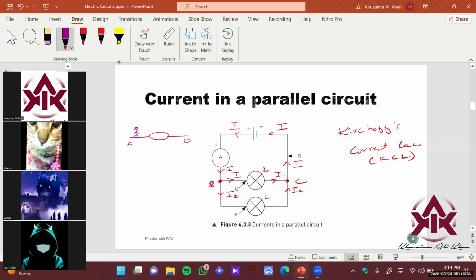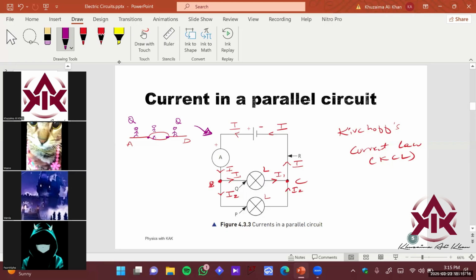As soon as he reaches this particular node, he divides himself into two equal parts. He becomes smaller, and then after he crosses this node back here, he becomes normal again. So you can imagine that these are the charges, the total charges. Some charges divide in these two loops and they come back together when they reach point D here. This is what is happening when the current sees multiple paths to flow, right?